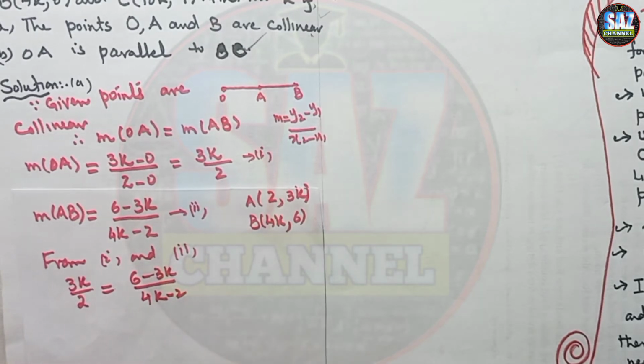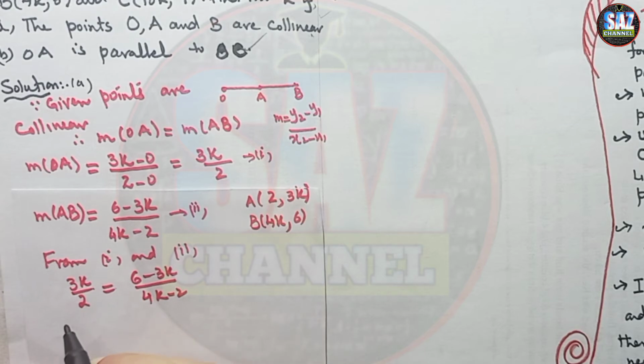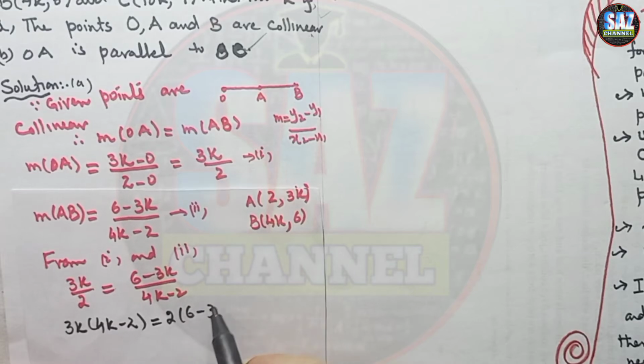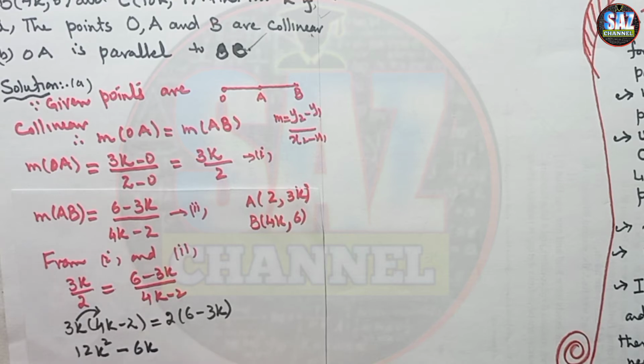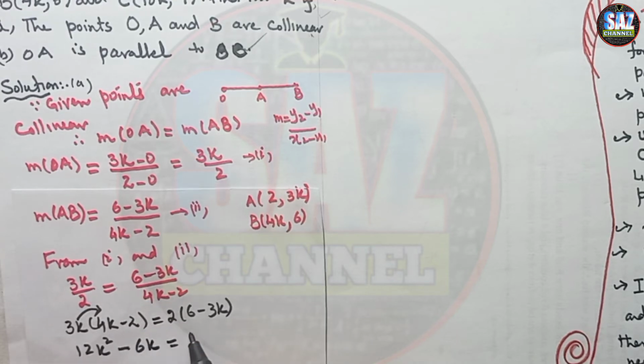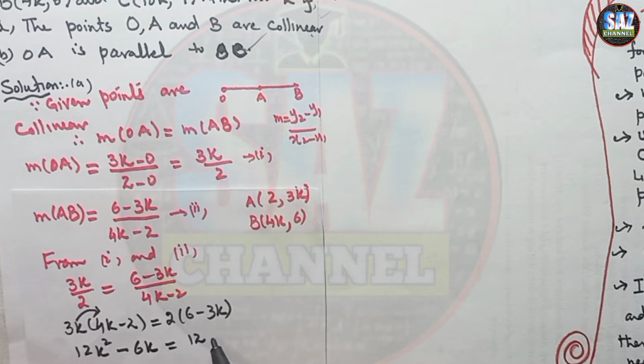Now go for cross multiplication: 3k into (4k minus 2) equals 2 into (6 minus 3k). Now distributive property: 12k square minus 6k equals 12 minus 6k.